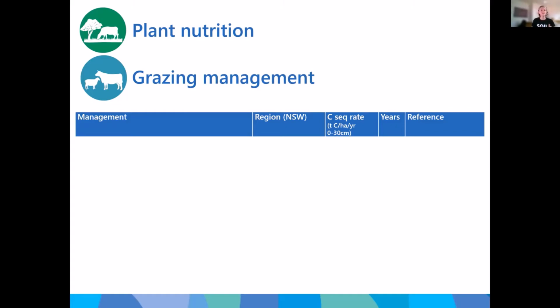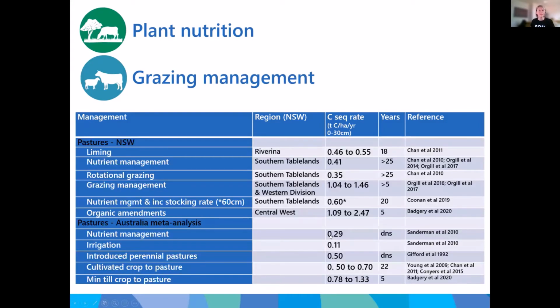So that's the tonnes of carbon per hectare per year over which that carbon accumulation happens. That's to 30 centimetres. Remembering that it's not always linear. It usually happens more rapidly at the start than declines. The years over which the trial was conducted. So are we talking a 5-year trial or 18-year trial, for example, and the reference to that work. And you'll have access to this so that you can go back to, because it's a very busy slide.